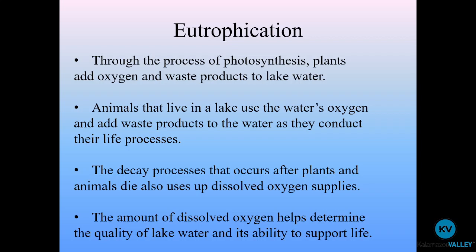And then as both animals and plants die, their decay process that occurs after death also consumes dissolved oxygen in the water, and then overall you end up with this decreased and continually decreasing amount of dissolved oxygen, and the amount of dissolved oxygen directly correlates to the ability of that body of water to support life.